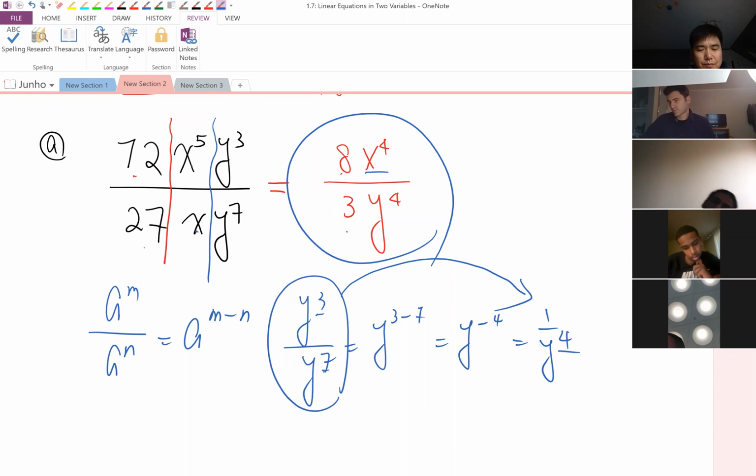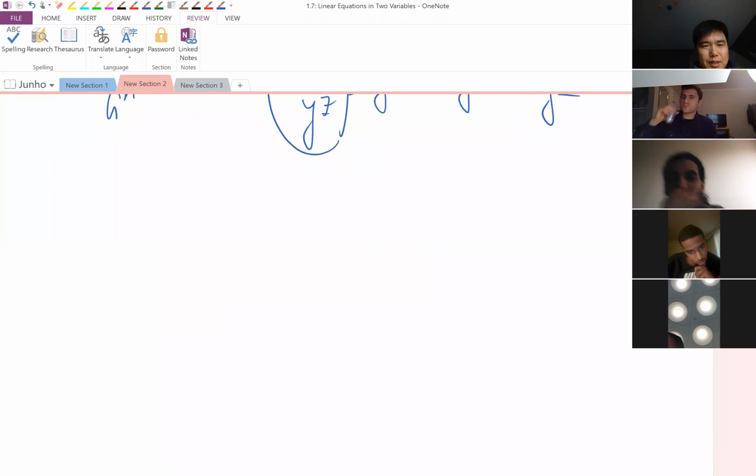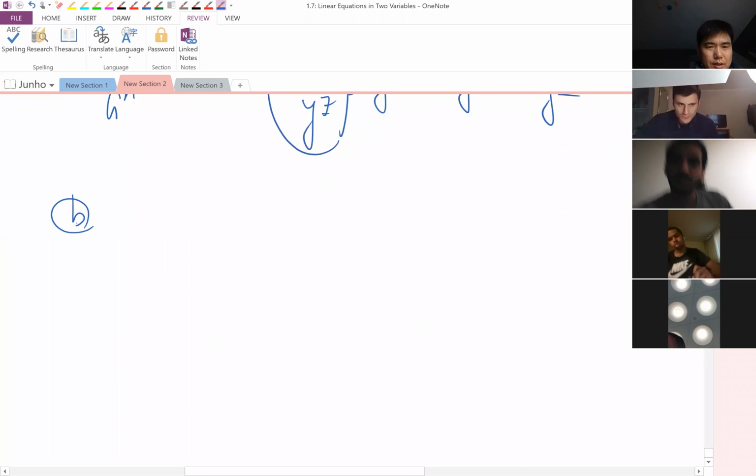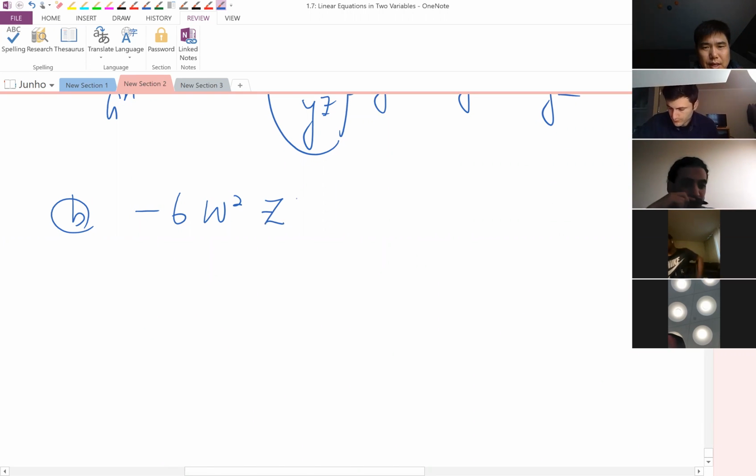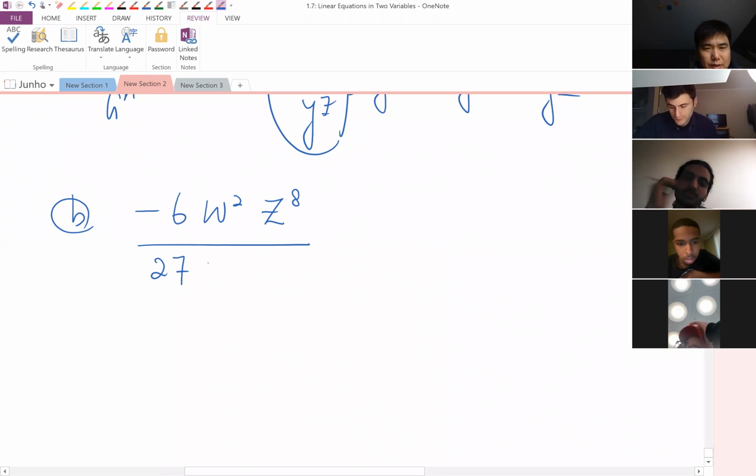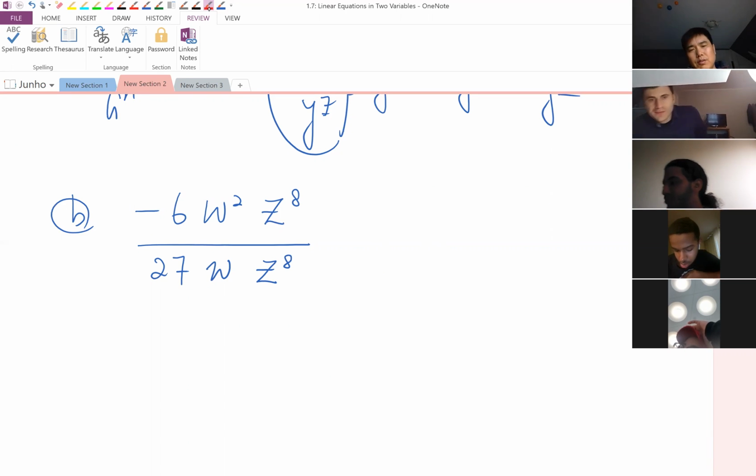I haven't assigned it, but let's also discuss part B together. Part B: negative 6 w squared z to the eighth over 27 w z to the eighth.